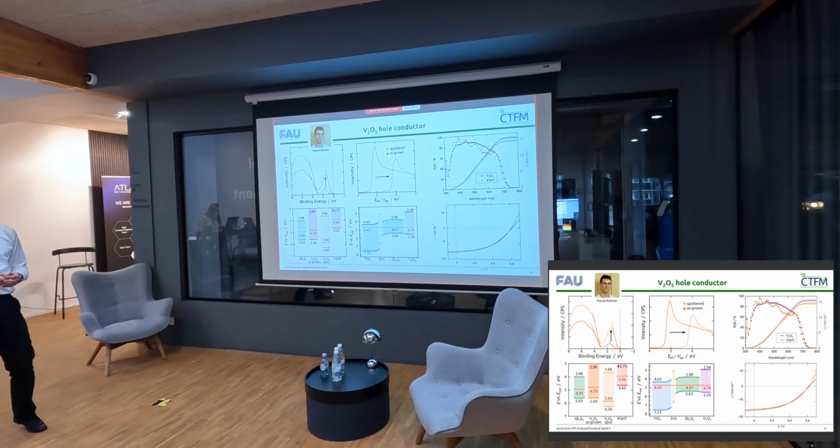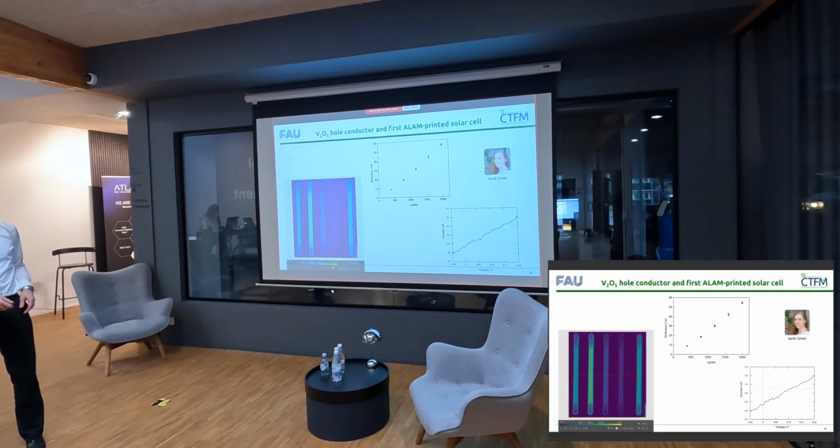And we figured out that vanadium oxide is a good one. It's actually a degenerate n-type semiconductor that conducts holes via the conduction band, which is a bit unusual, but as you can see, now we can reproduce the performance of cells that have the classical polymers with vanadium oxide, and we've also now deposited it in ALAM.